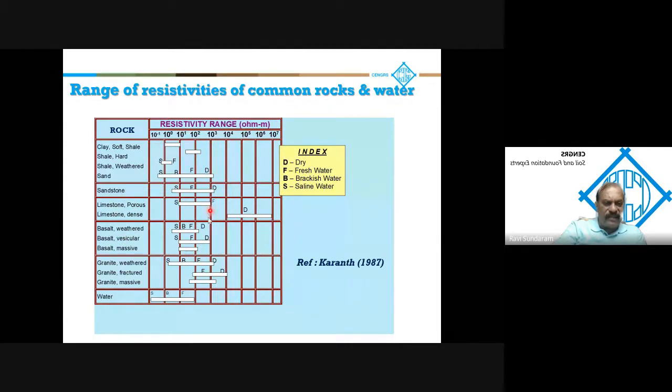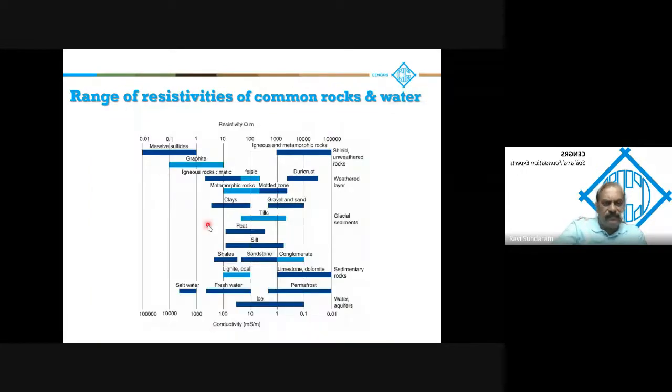Different kinds of materials, different ranges have been proposed by various authors, and this one is popularly used, Karan's reference. A similar kind of range is also available in literature here.